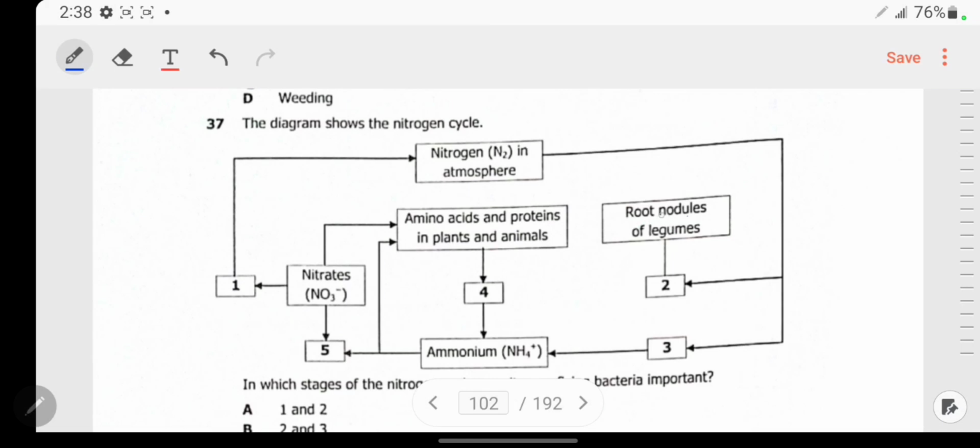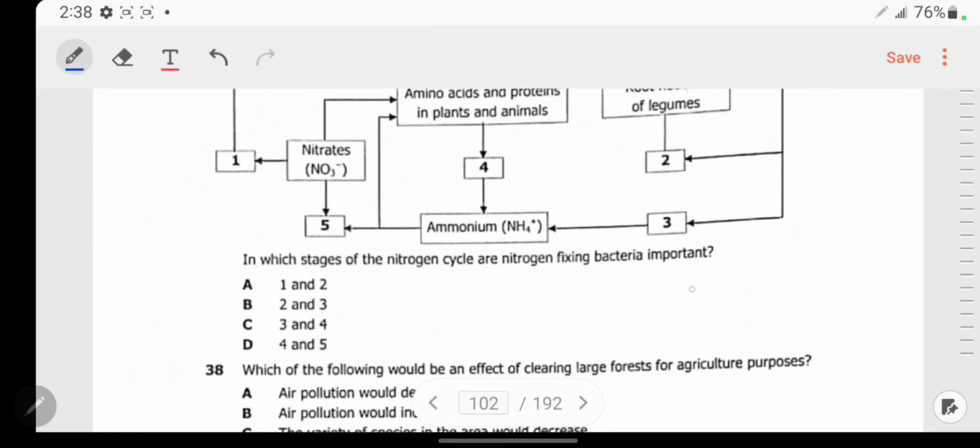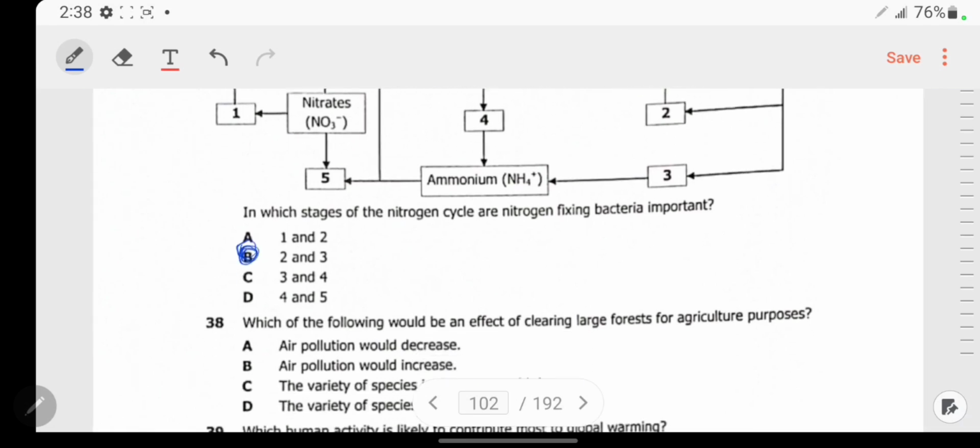The root nodules of legumes are where the nitrogen fixing bacteria stay, and the conversion of nitrogen in the atmosphere to ammonium is also done by nitrogen fixing bacteria. So the options here are 2 and 3. If you look at 5, the conversion of nitrates, no, that's not correct. So the answer here is B.